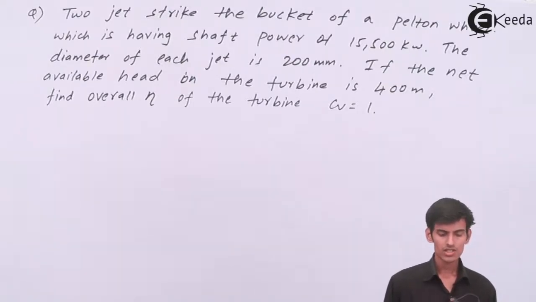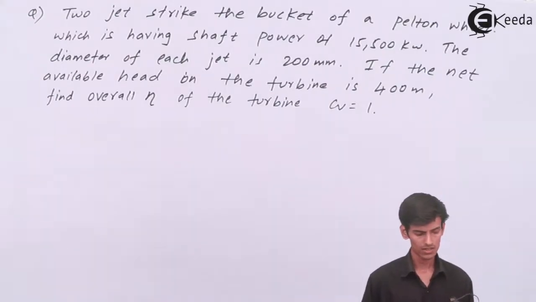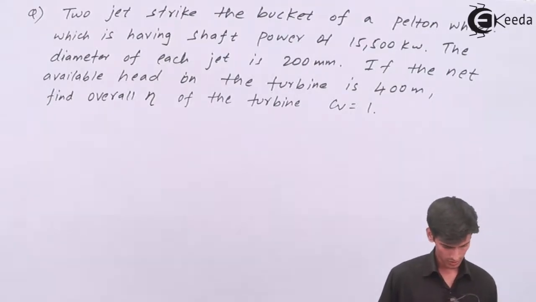The diameter of each jet is 200 mm. If the net available head on the turbine is 400 meters, find the overall efficiency of the turbine. So let's write the given data first of all.